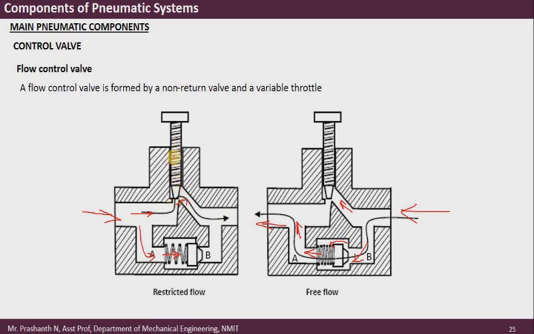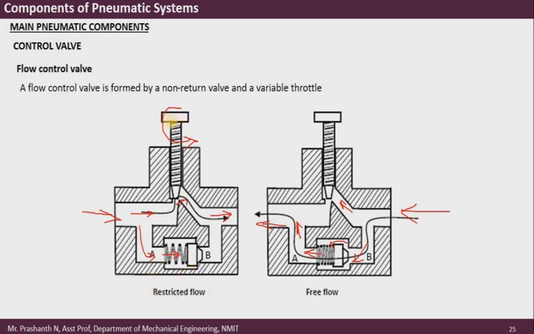As you can see, I can increase or decrease this by just rotating this knob. If I rotate this particular knob, it will increase or decrease the cross-section area through which the air can flow, right? So this movement or this throttling is what provides the restricted flow.